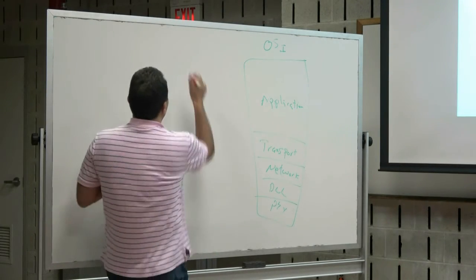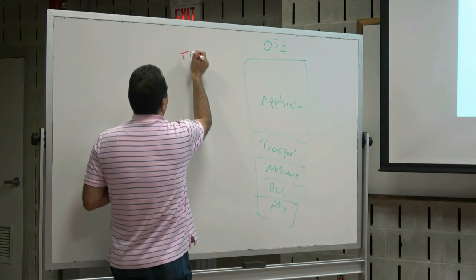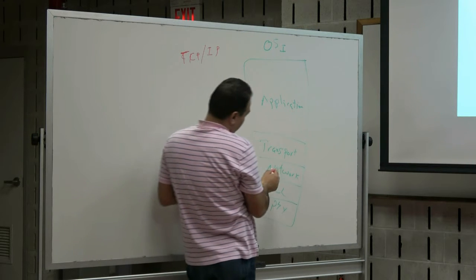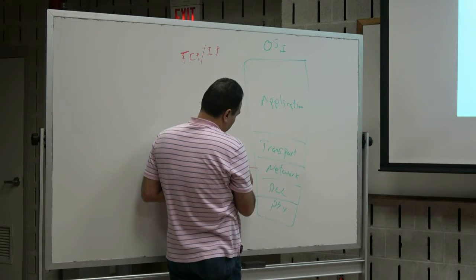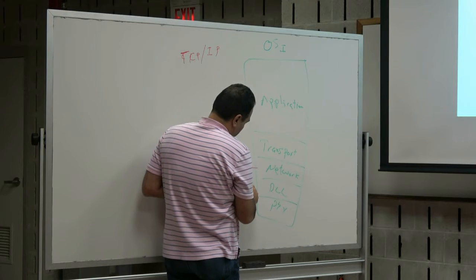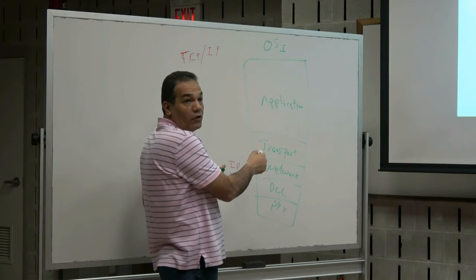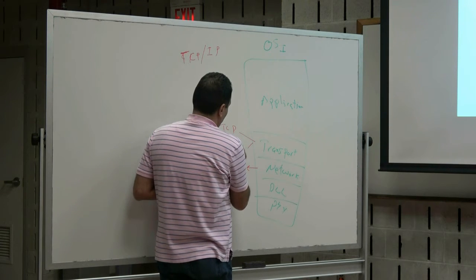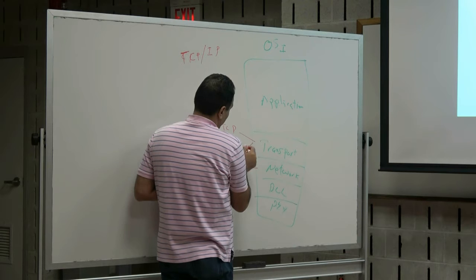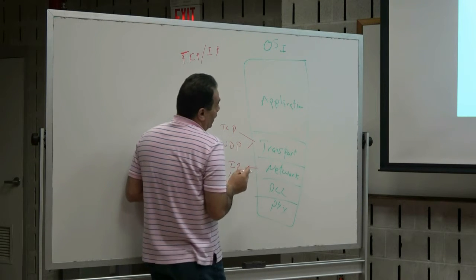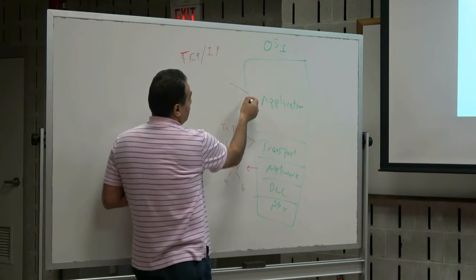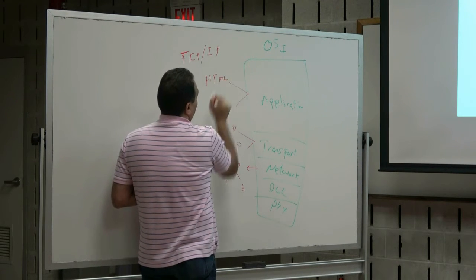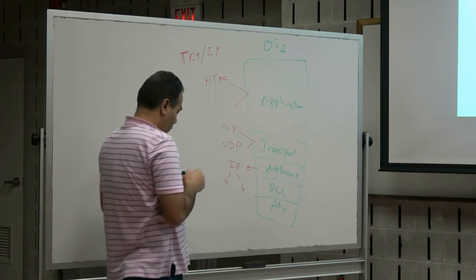For example, in the TCP/IP stack, in the network layer, what do we run? The IP protocol, whether it's version 4 or version 6. In the transport layer, usually we have TCP or UDP. And in the application layer, many, HTML for example, and many other protocols, right?